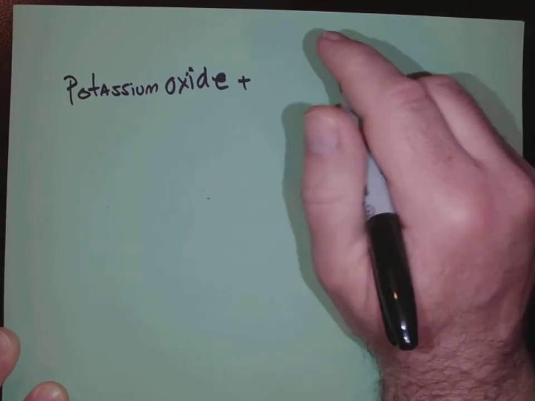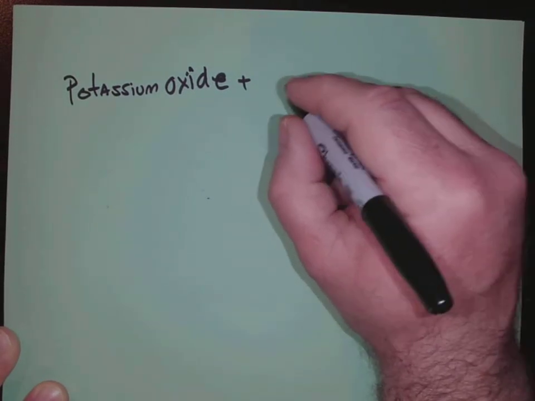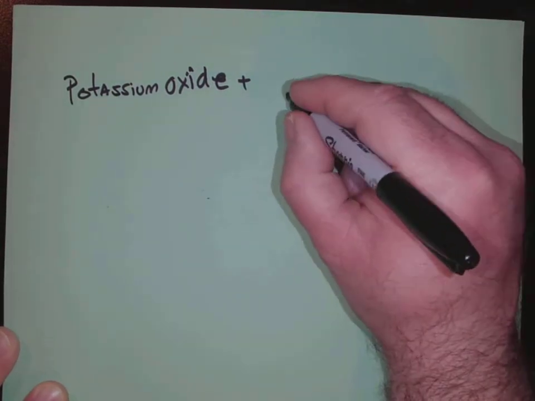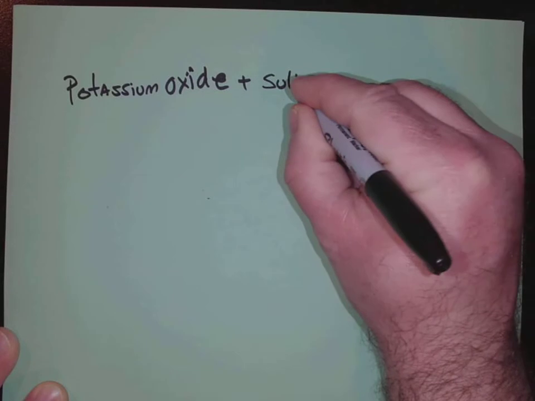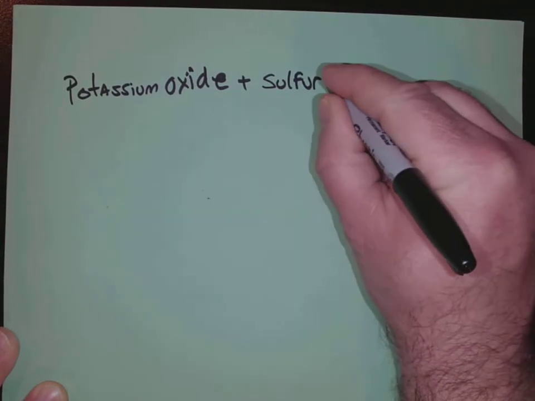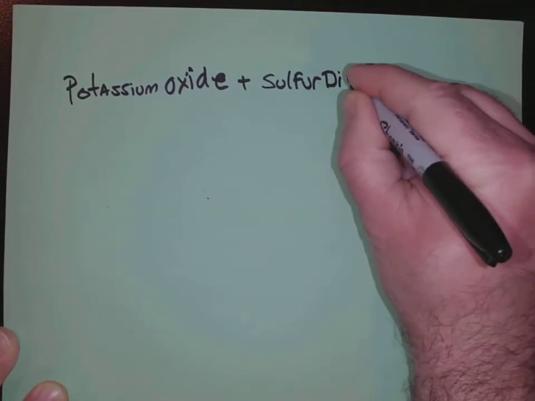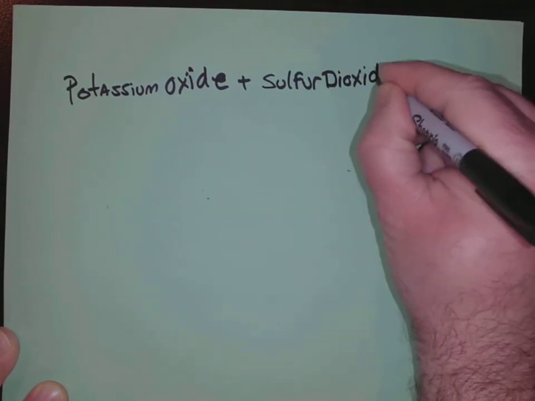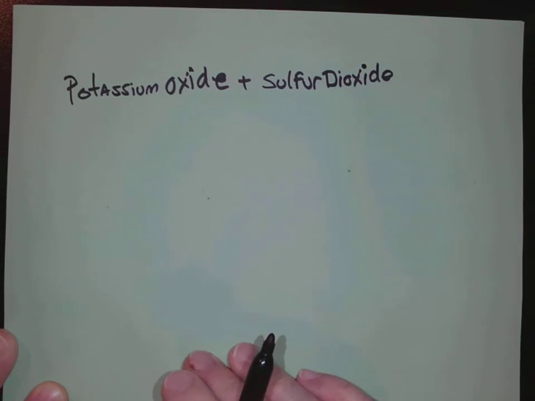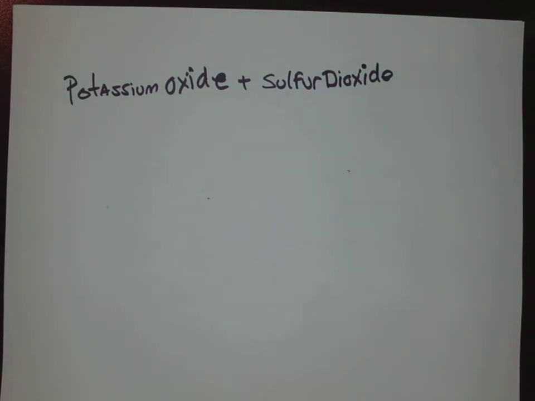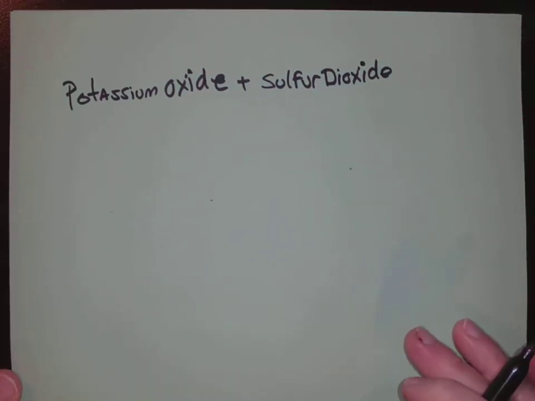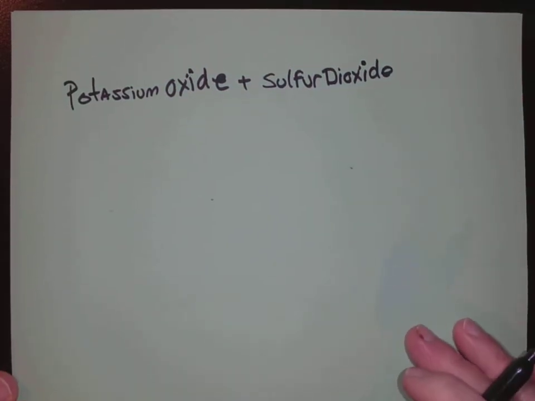And sulfur dioxide. Okay, so let's just pause the video and try to write these reactants out. That's all you need to do for right now. Just write the reactants out.